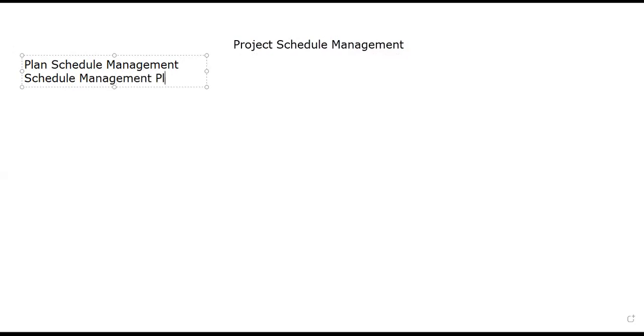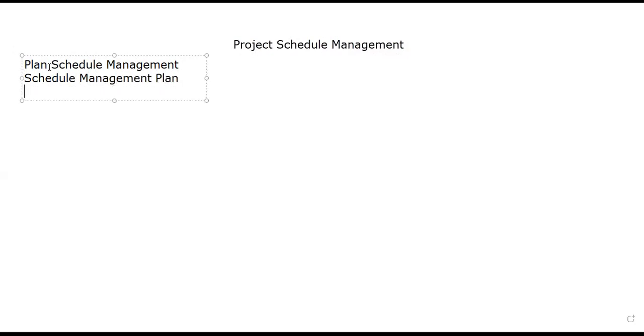First, let me write down the processes, although they are not as important as they used to be before 2020, before 2021. So the first process, as we said, will always be the management plan for that knowledge area, and the output will be the schedule management plan.